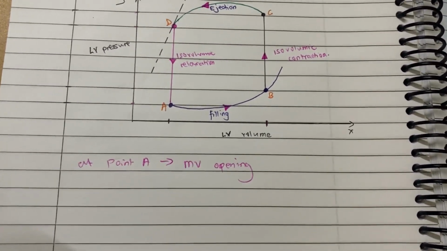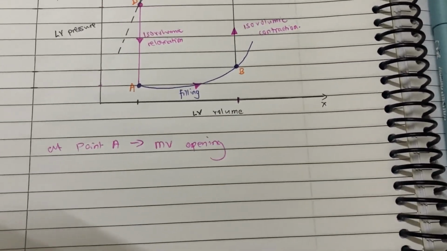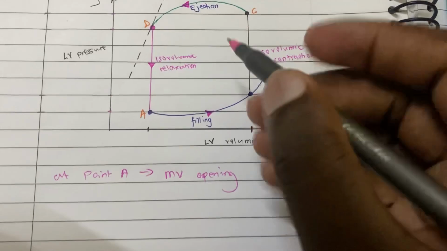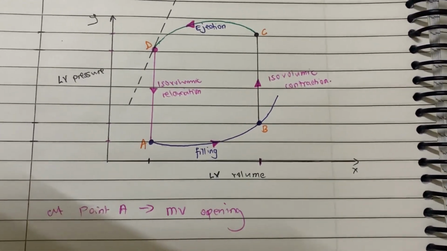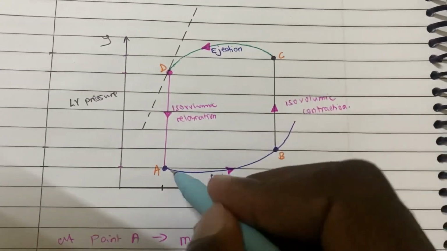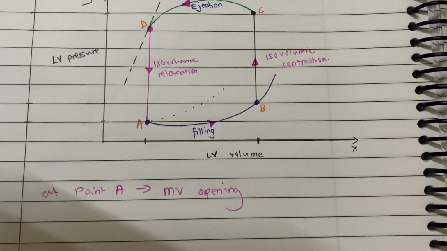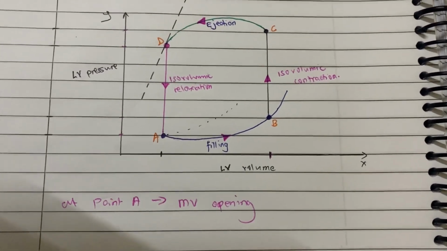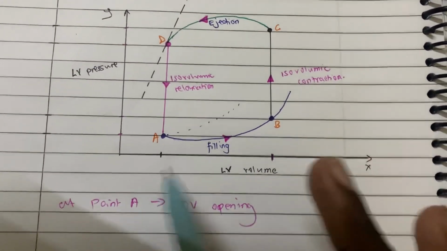Pressure should increase in LV during filling, but very, very little. If this curve becomes steeper, there is diastolic dysfunction.